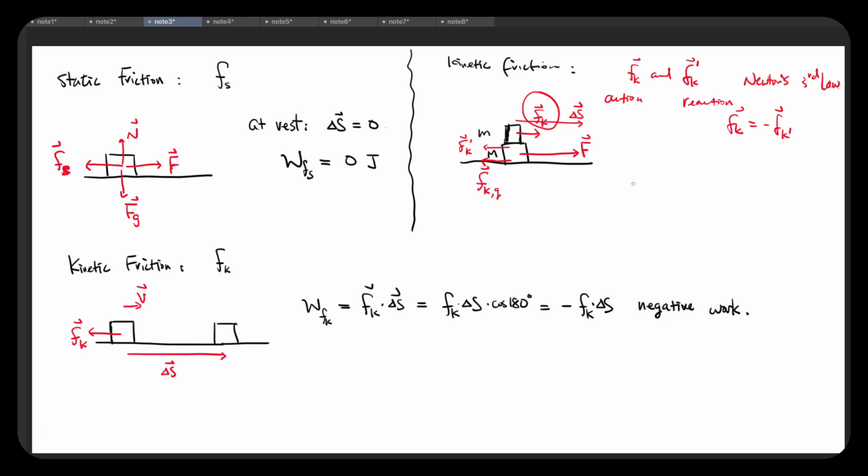Then when I calculate the work done by Fk on little m, I would do Fk dot product delta S, and it's given by Fk times delta X, which is positive. So in this case, we have a positive work.